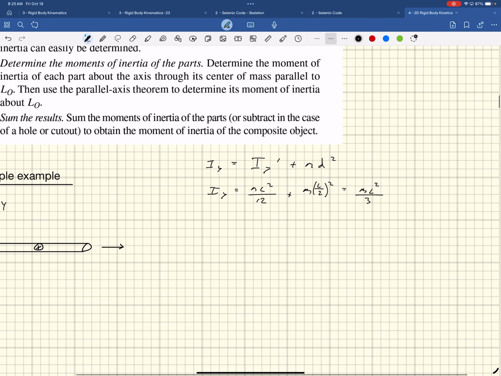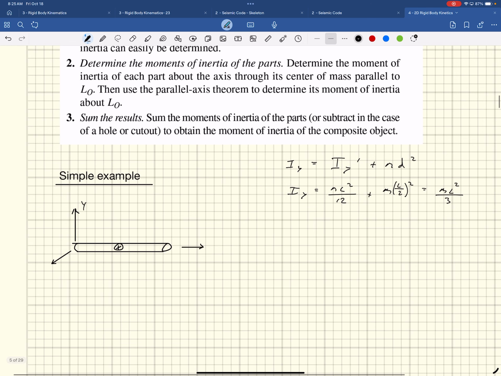If you just simplified those fractions, that's what you would get. Because this distance right here is L over 2, and that's the perpendicular distance between the parallel axes. Your y prime axis is going up like this, and then the y is going up like that. So that distance in between would just be L over 2.